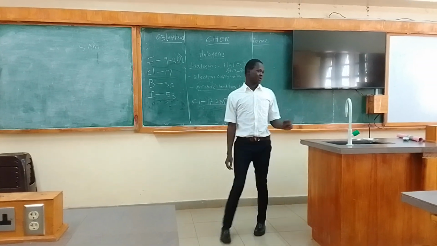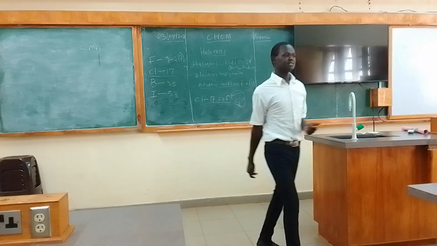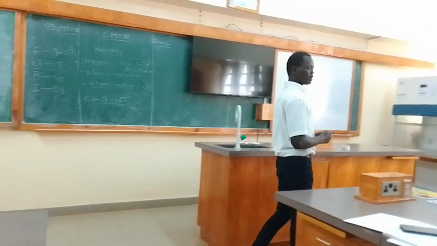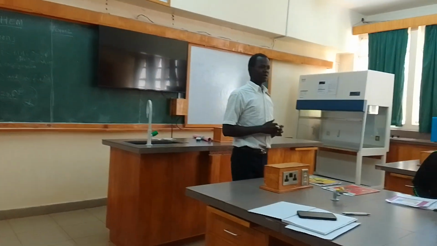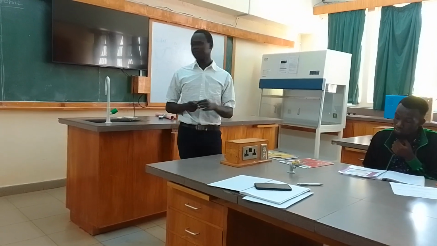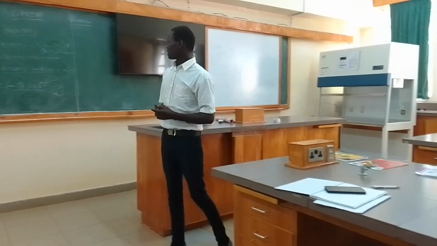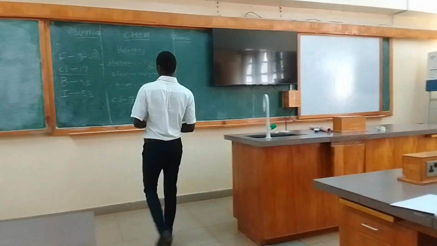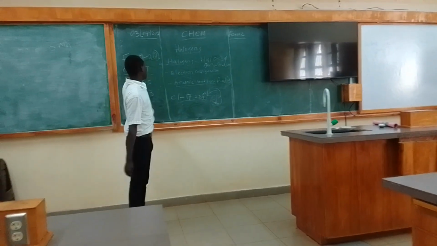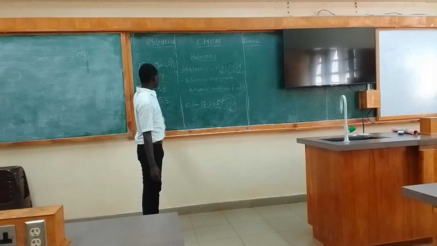So in general, today we are discussing halogens. We say that halogens are very reactive nonmetals found in which group of the periodic table? Which group? Group 7 of the periodic table. And we also looked at the electron configurations of fluorine and chlorine.